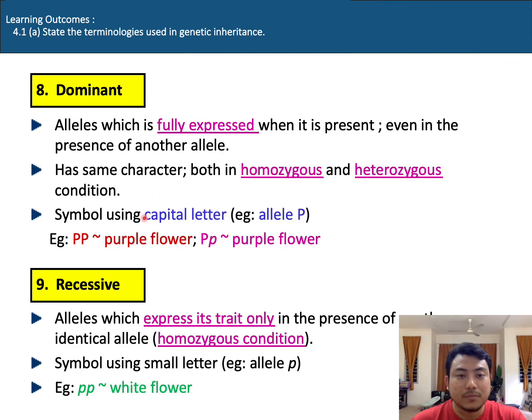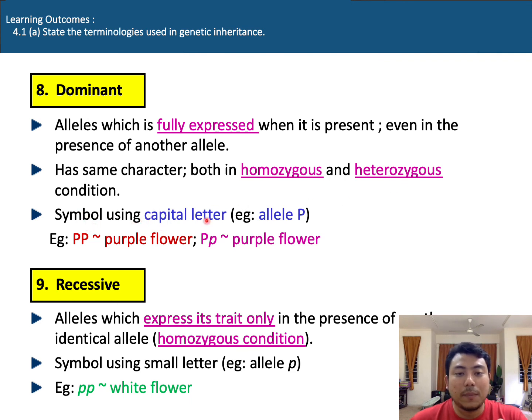Dominant and recessive. Dominant means an allele which is fully expressed. Maksudnya gene tu always being expressed, selalu ditunjukkan when it is present, even in the presence of another allele. Mana contoh macam dekat bawah ni lah. Has the same character both in homozygous and heterozygous condition.